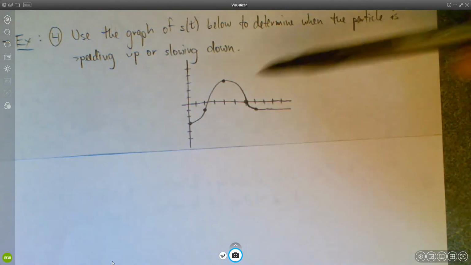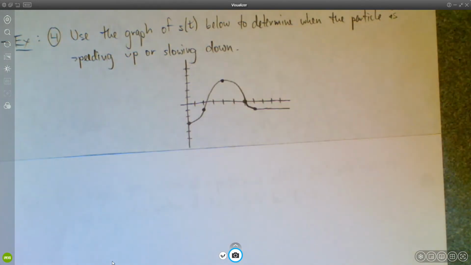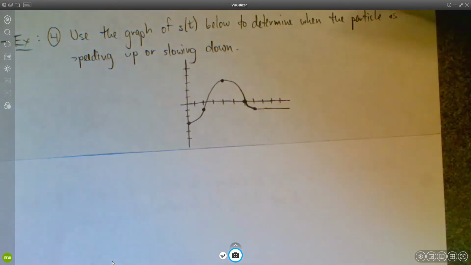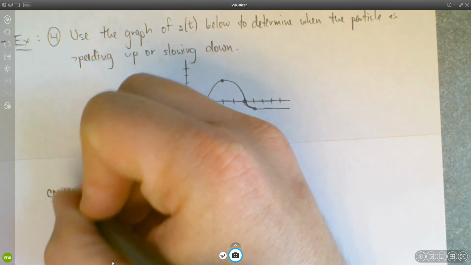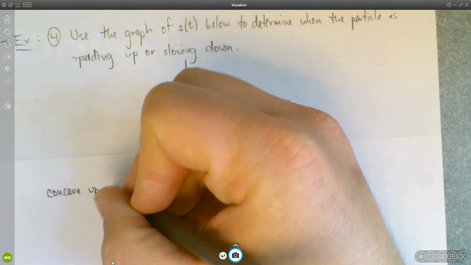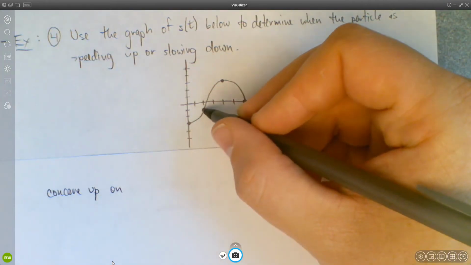But we can tell just by looking at the concavity where the acceleration is positive. When we're concave up, the acceleration is positive. So notice that we're concave up on 0 to 2.